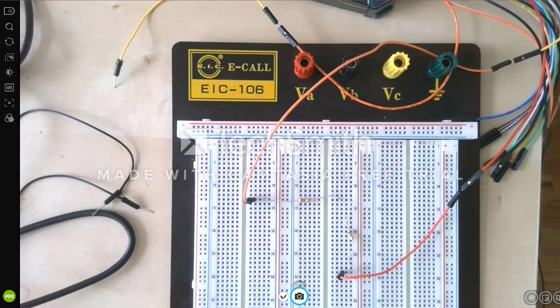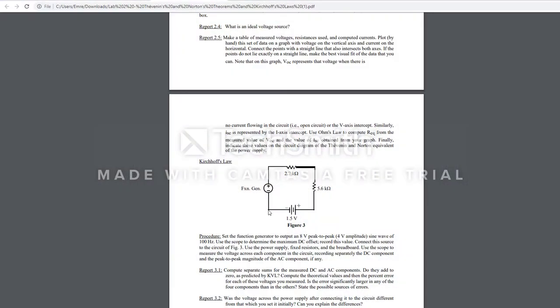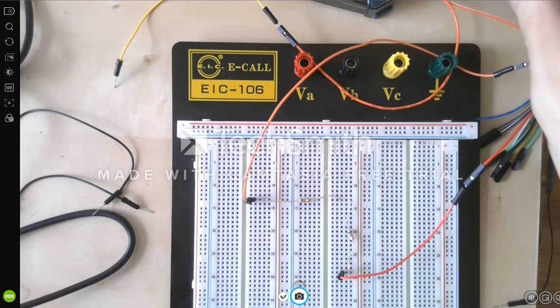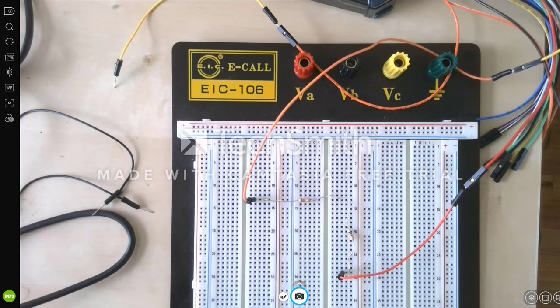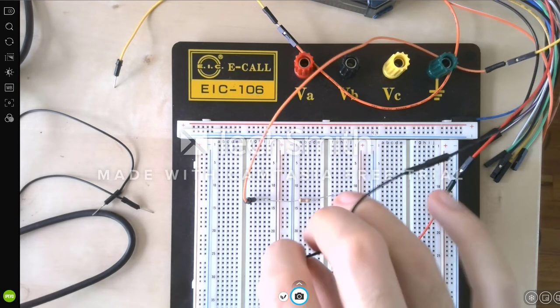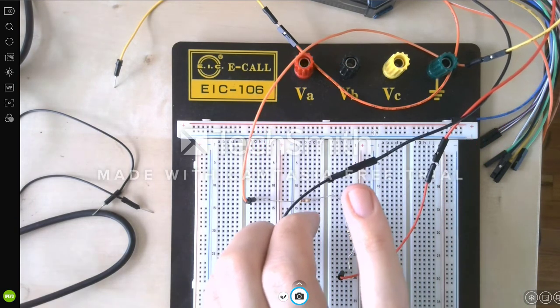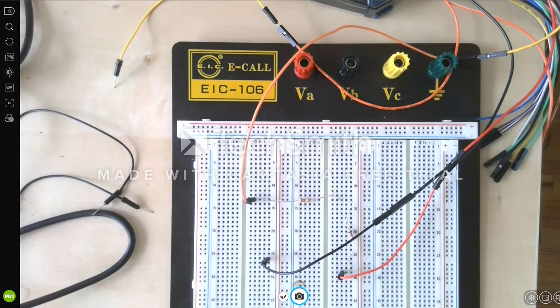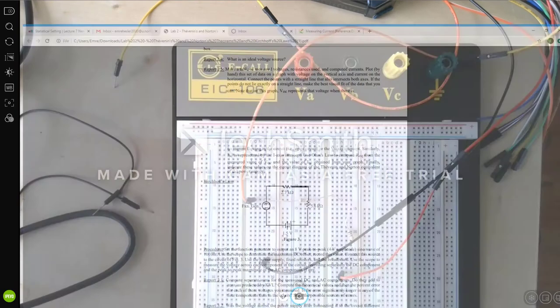Now I want you to note one thing. The ground is here in the circuit, right? Now we should put the ground to an unrelated row. And we will use this ground when we are taking measurements.